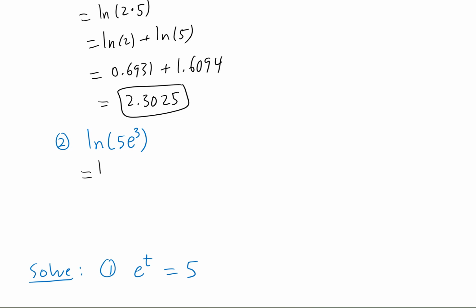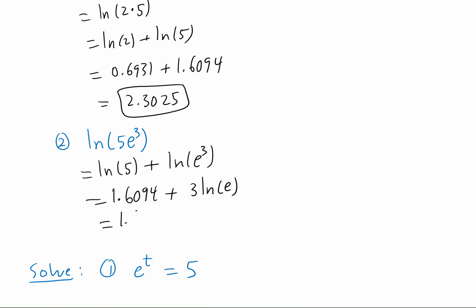We can rewrite it as natural log of 5 plus natural log of e cubed. Natural log of 5 is given 1.6094, and here bring the 3 down, 3 natural log of e. Natural log of e is 1 by the properties, so we get 4.6094.